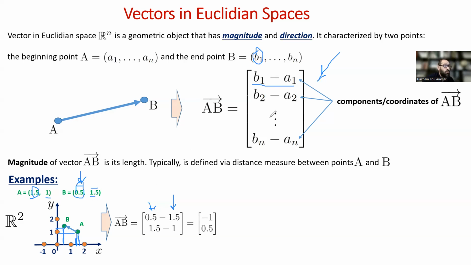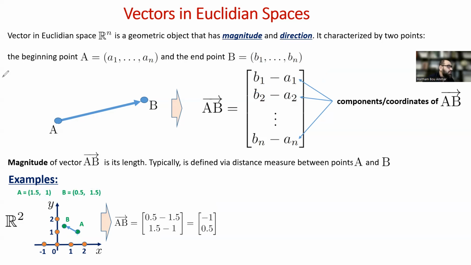And then I'm going to do the same with the second component. Of course, I don't have n components, I just stop at the second component. I'll take the second component, B2, which is 1.5, minus A2, which is 1. And then the coordinates of this vector, or the components of it, will be -1 and 0.5.